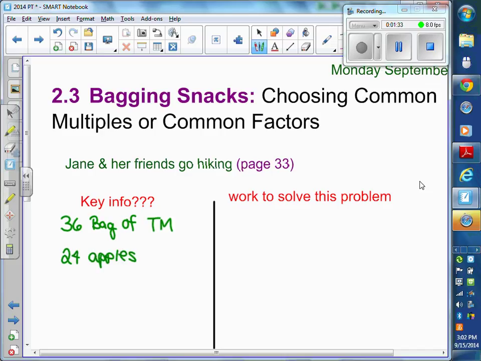Okay, good job, Sean. It doesn't matter how many people there are, because that's not what the problem's about. They're just asking how many different sets of bags could I make. You cannot have leftovers. That was one of the questions. Any other questions?